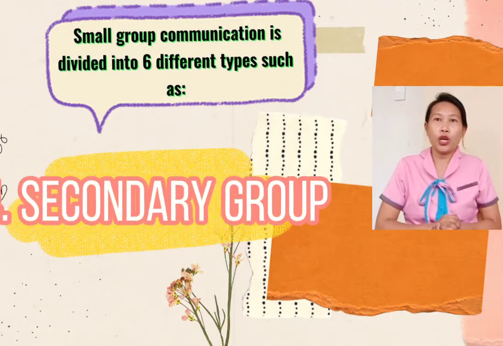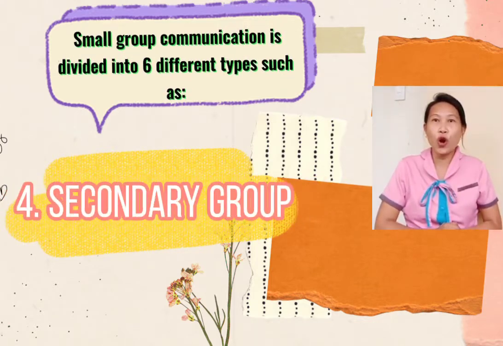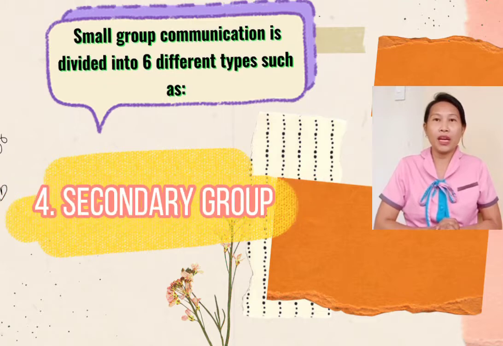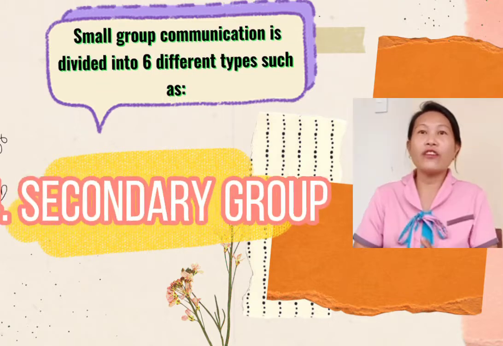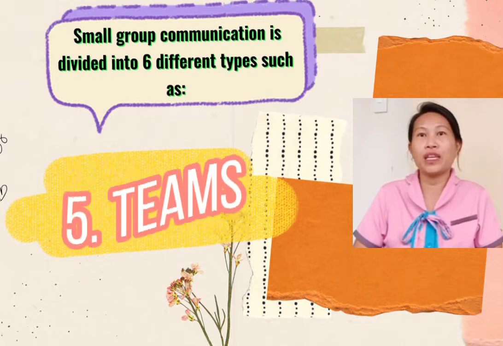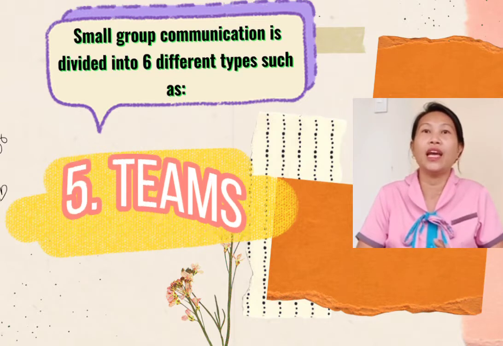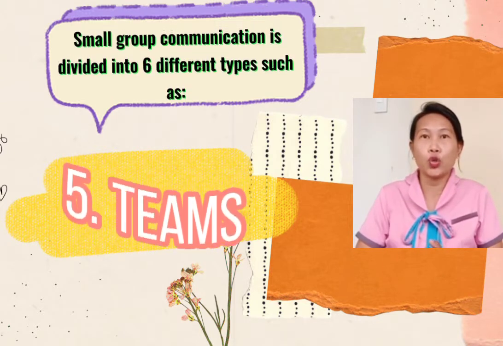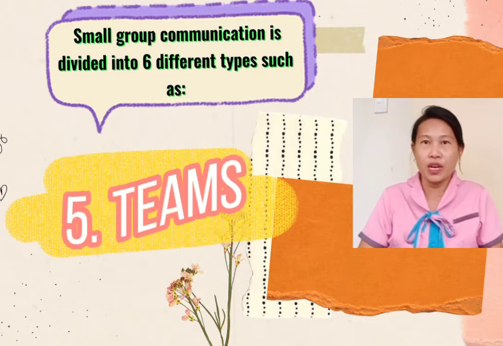As we already learned, our groups are formed primarily to accomplish a task. The fifth type of group is teams, which are task-oriented groups in which members are especially loyal and dedicated to the task and other group members.